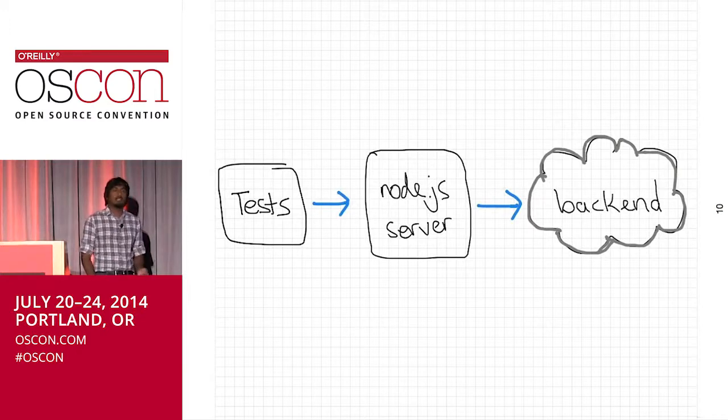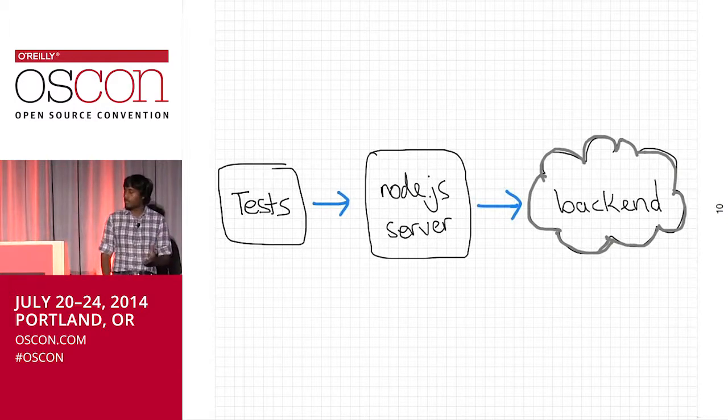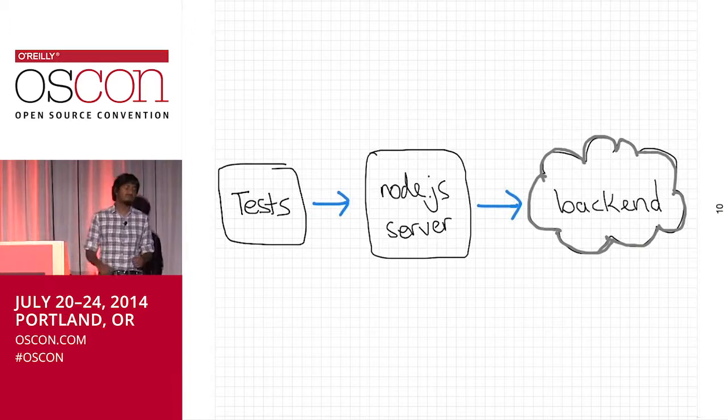Another problem is that it was fundamentally slow. So what does slow mean? Well, one request that the Node.js server would make, maybe it takes 100 milliseconds, 200, 300 milliseconds if it's something big.